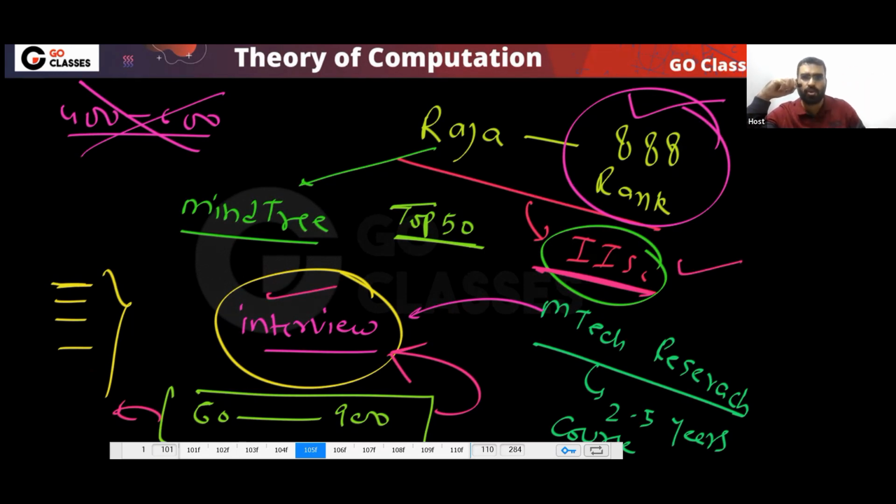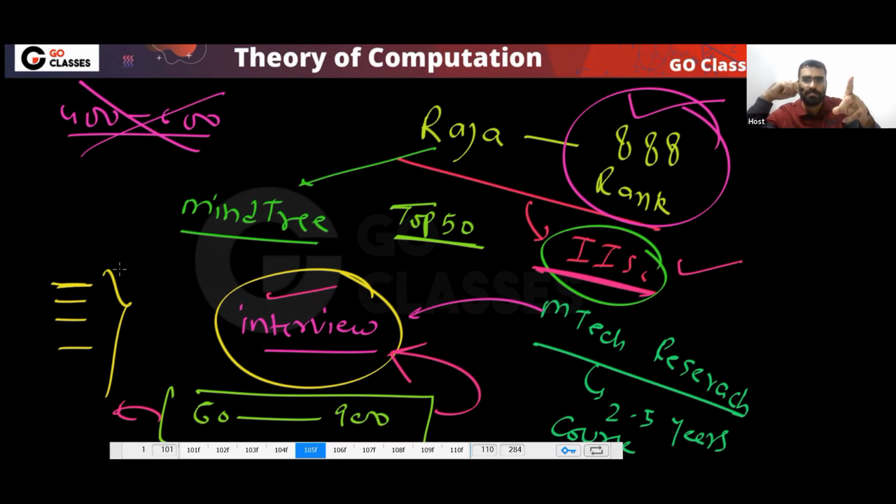So we want to make sure that if you get your rank under 1000, then we want to guarantee that if some students are going to the interview of IIT, ISC, then Go Classes students must be selected in this interview. Are you getting my point? So please understand, that is the reason we teach everything with proof.